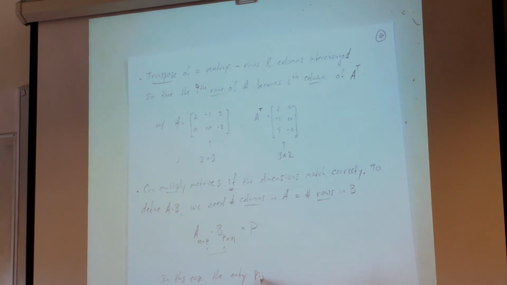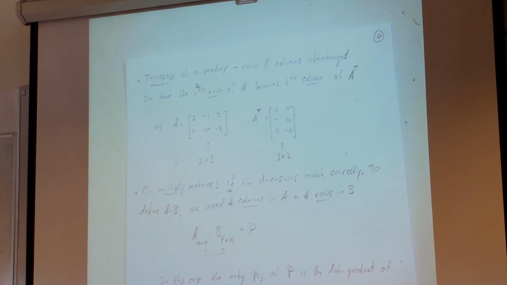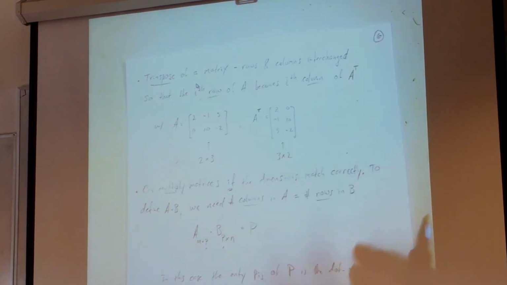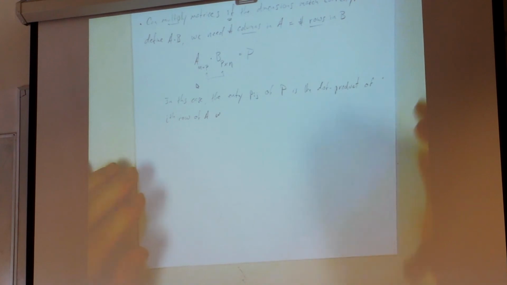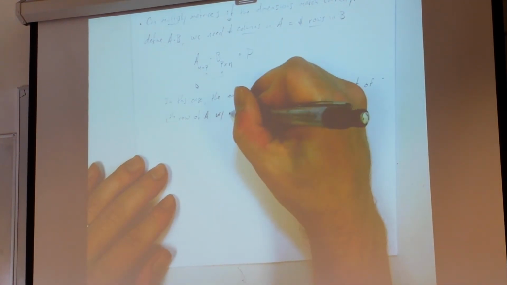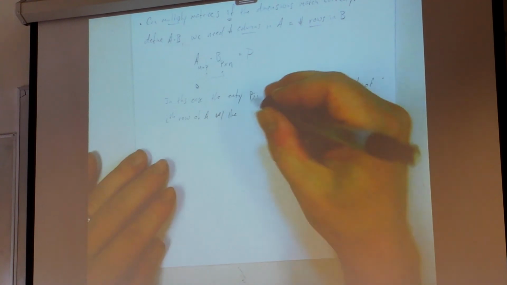So the entry Pij of the matrix product is the dot product of the ith row of A with the jth row of B.